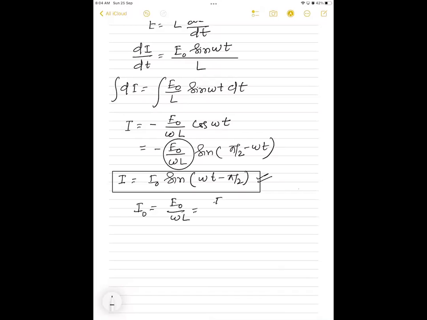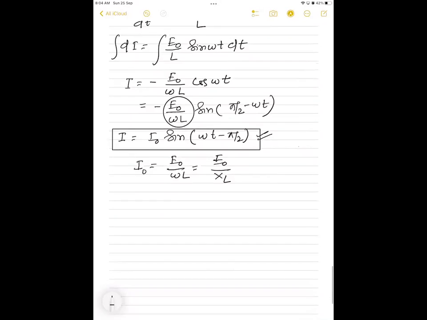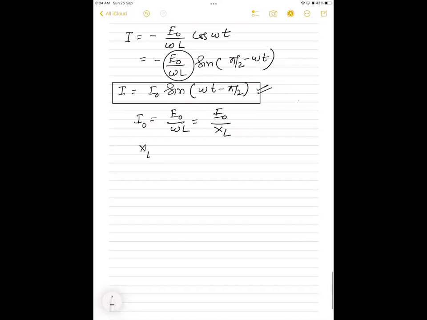And that omega L is known as XL, that is inductive reactance, right? We'll come to that. XL is inductive reactance. और यहाँ पर what is the phase difference between voltage and current? Pi by 2.